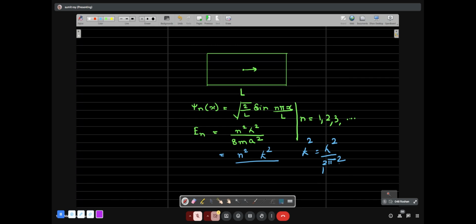So E1 is n square pi square h cut square by 2 m L square. Is it okay? Written correctly?